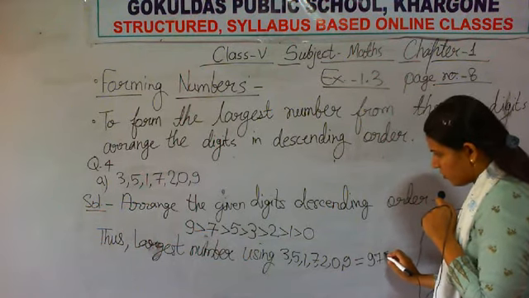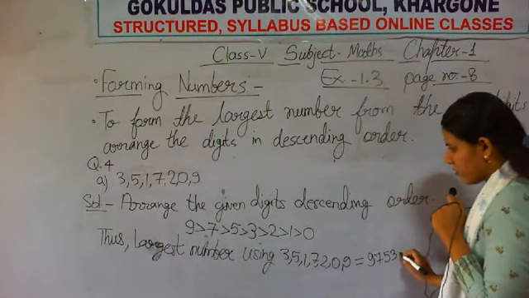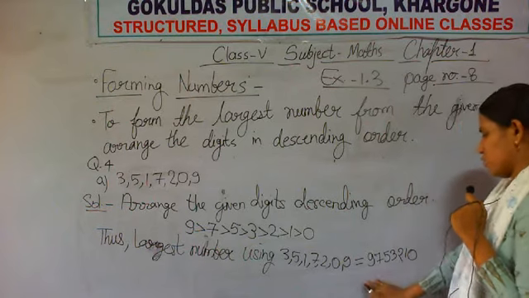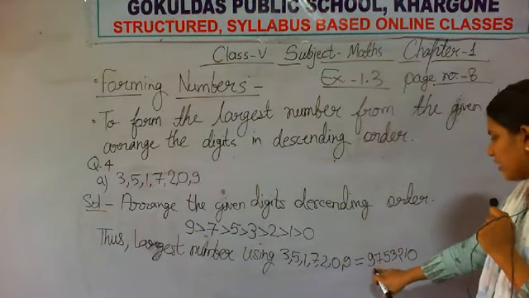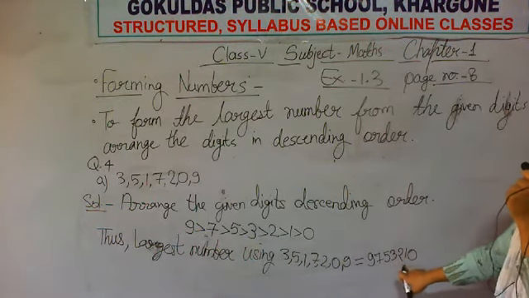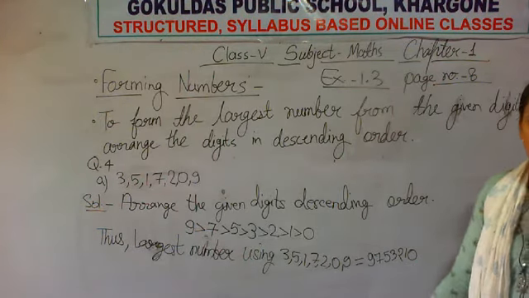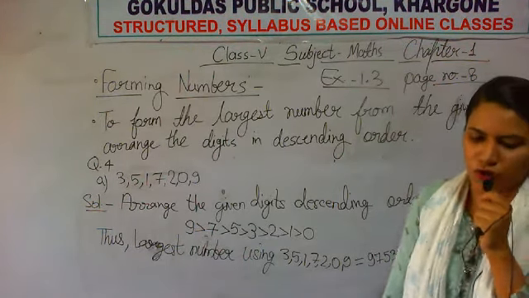So I am not putting the symbol in between the digits. Okay. So 97 lakh 53,210 is your largest number. Okay.